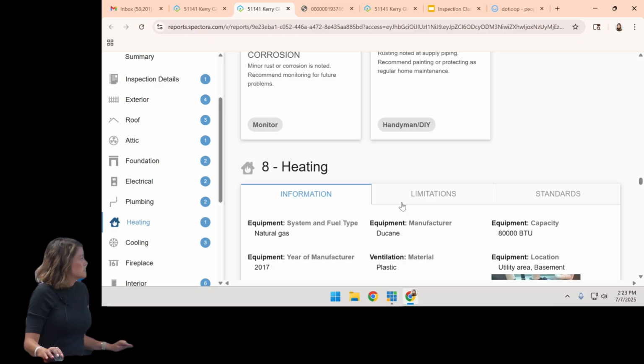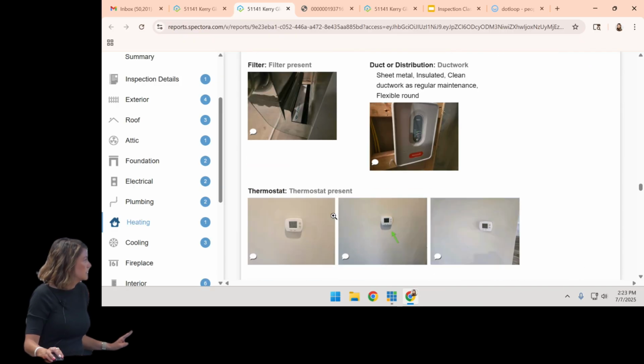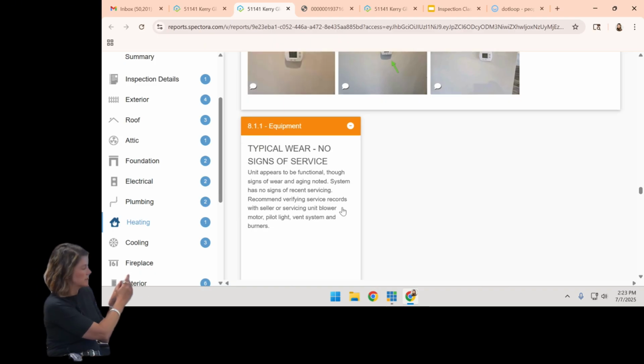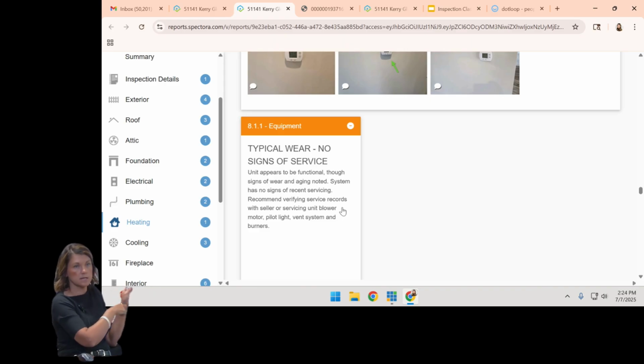I'm referencing this. 8, heating needs to be done. I think he does numbers. 8.1.1, equipment. So I would write in here, seller to have licensed HVAC tech to clean and service the furnace and AC according to, and I'd put in parentheses, see inspection item 8.1.1, so they can easily reference this.